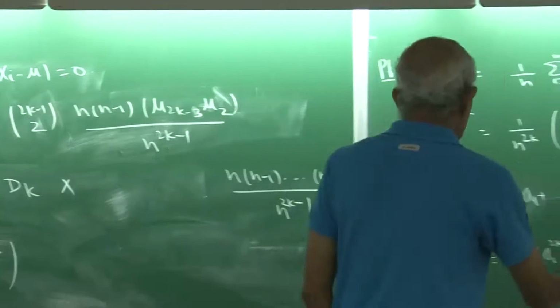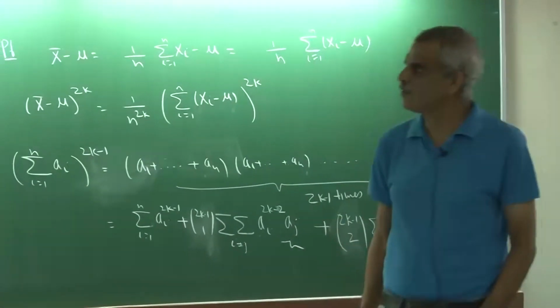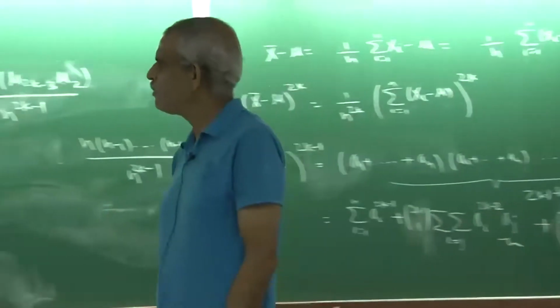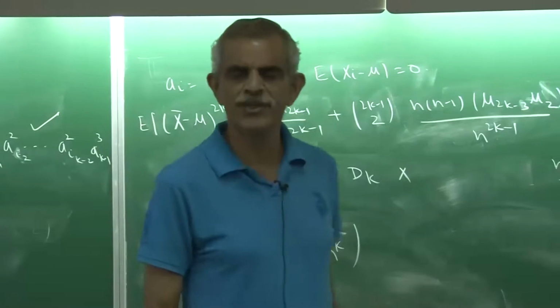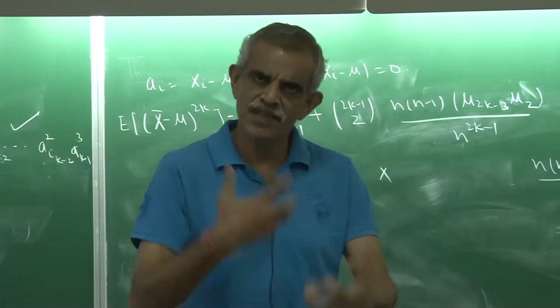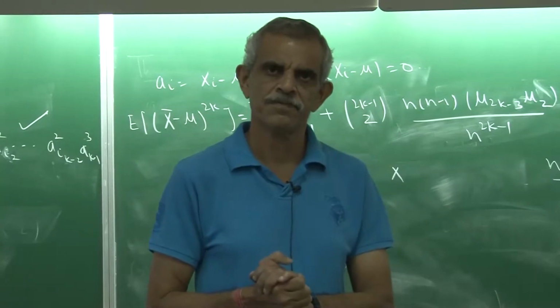That would show you why these different terms are coming. I have given you a combinatorial argument which is simple to follow, but those who are not so good at combinatorics can first try with (x bar minus mu) whole cube and (x bar minus mu) to the power 4.